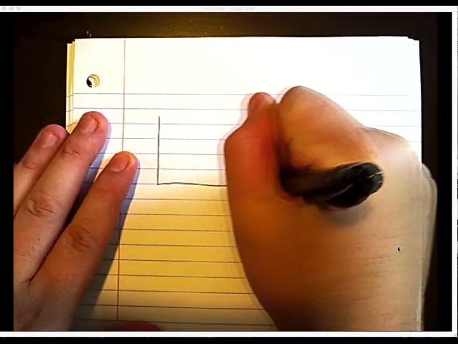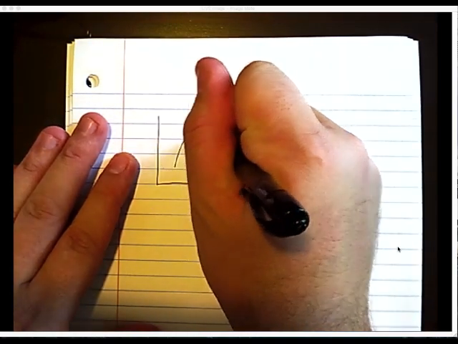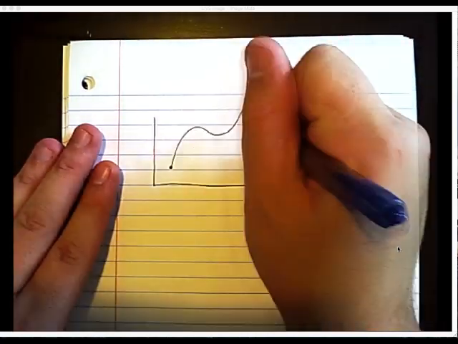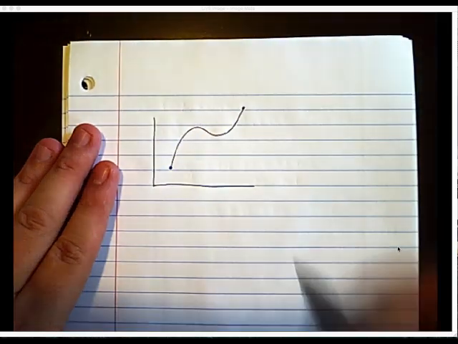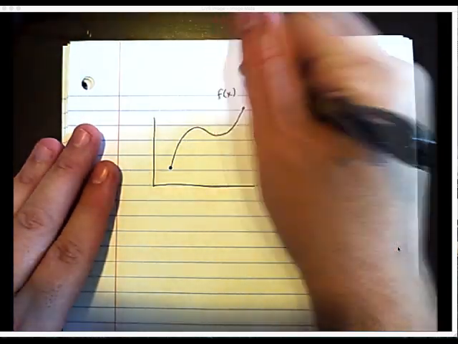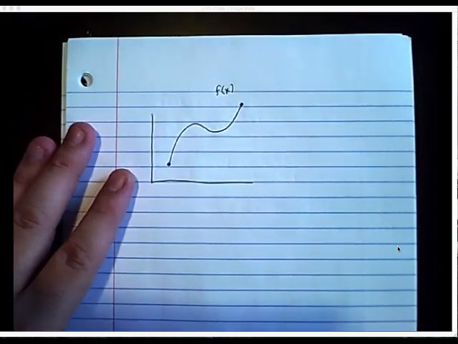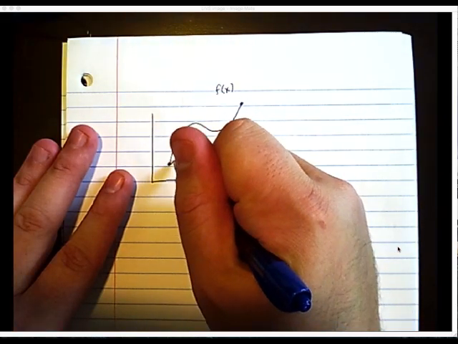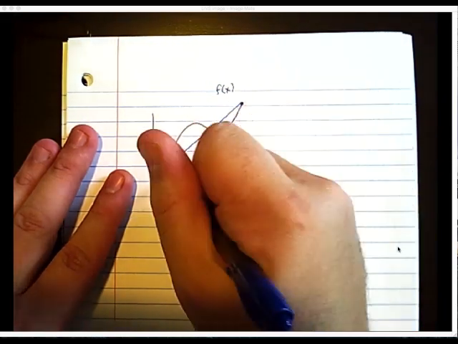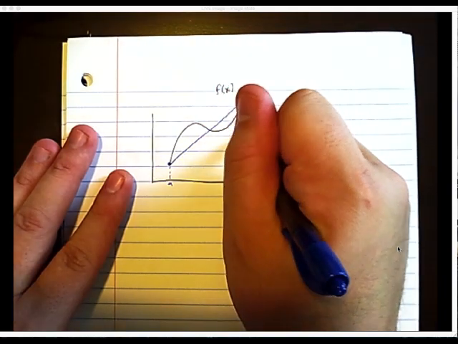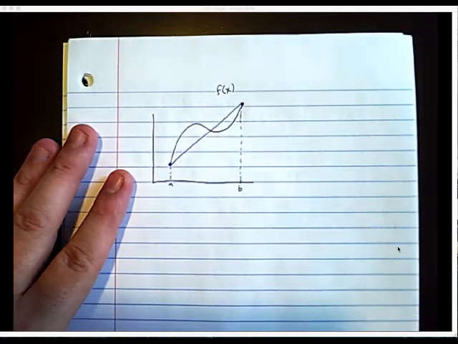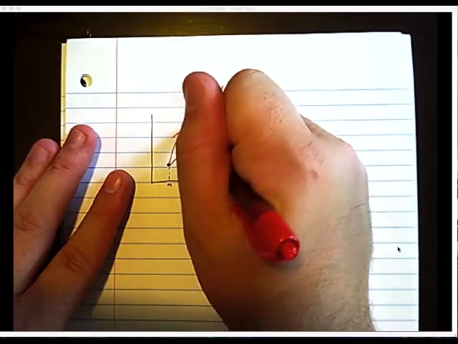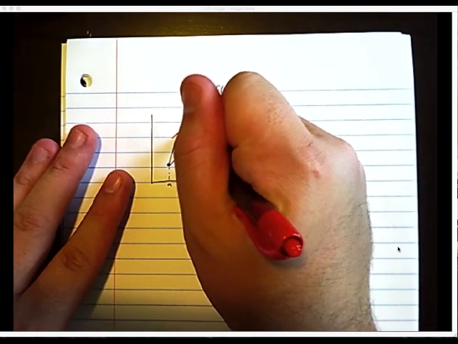So as a quick review, let's review the mean value theorem. What the mean value theorem says, if we have some function, if I call this function f of x, is that as long as this function is continuous and differentiable, then for the slope of this secant line between a and b, there's got to be at least one slope of a tangent line, like maybe right there.